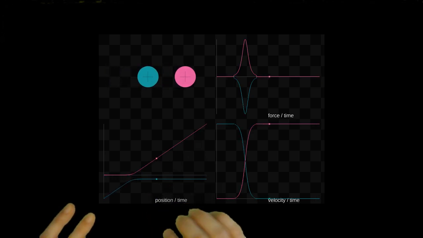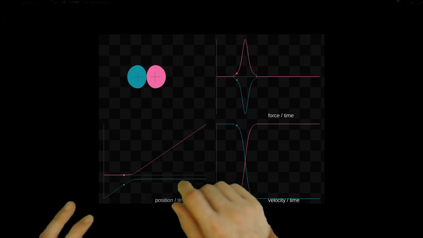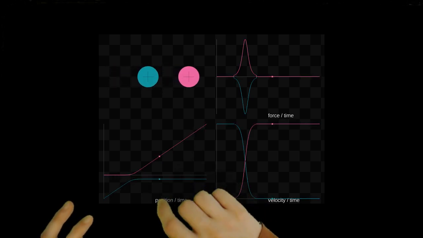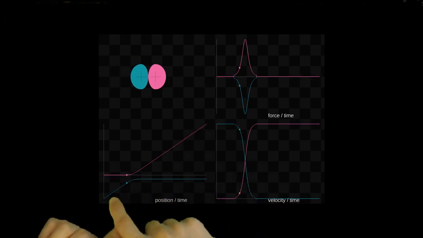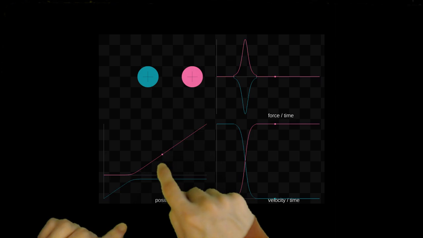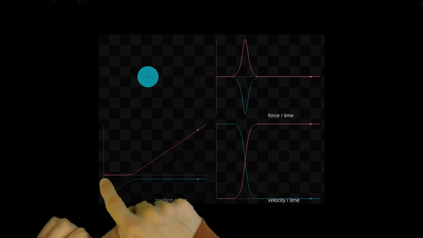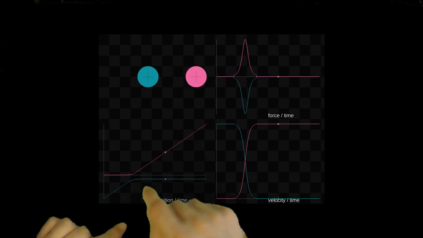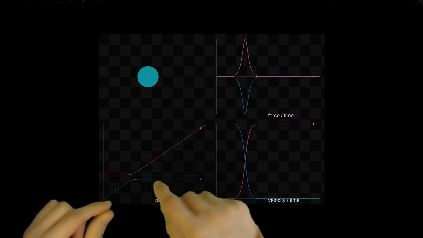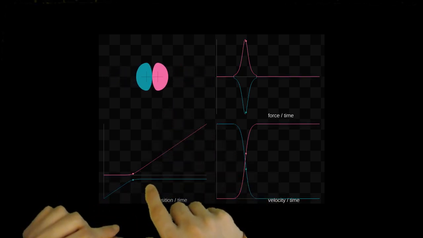Then there is the position over time graph. There's not much here to say, I think. I would like to point out that in the moments where the objects feel no force, where they're not colliding, the graph looks like straight lines, right? And the moment that the objects are colliding, they look like curves, right?